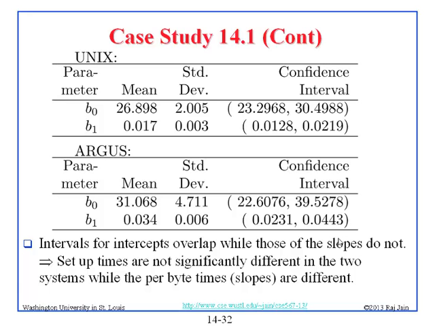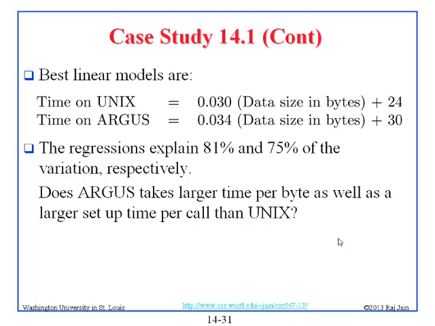So the highest of this is 0.04 and the lowest of this is 0.01. Highest of this is 0.02 and the lowest of this is 0.02. Okay, so they don't overlap. Hold on a second. The B1 parameter for Unix is 0.017, but on the previous slide, I thought it said 0.030.